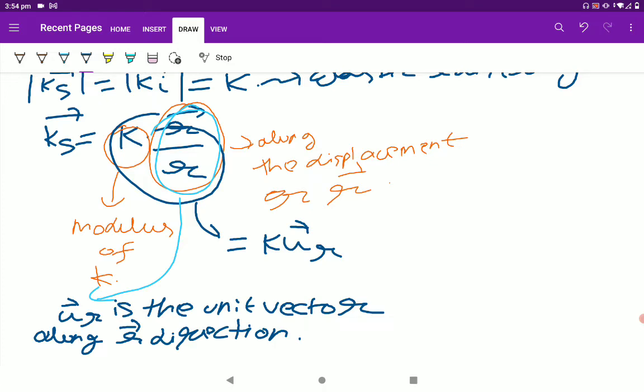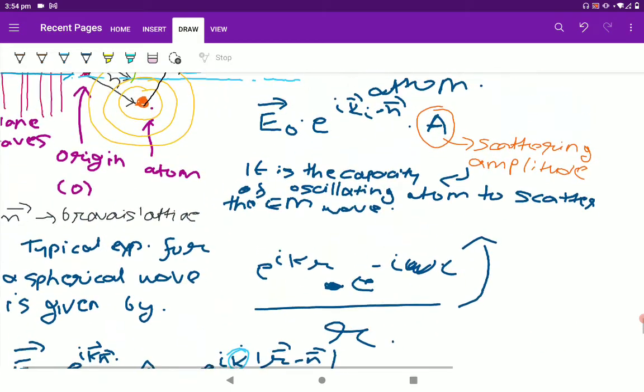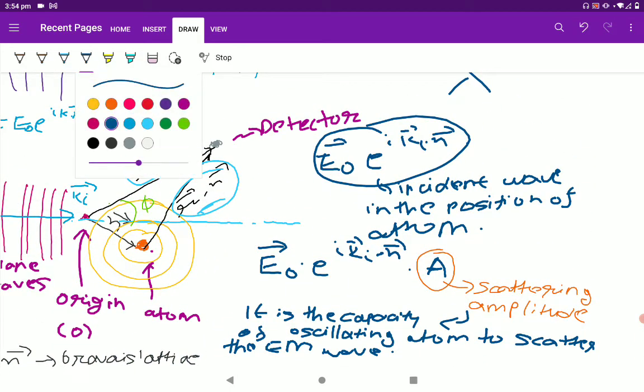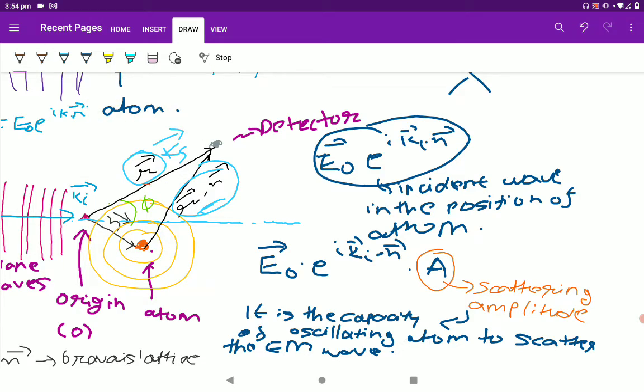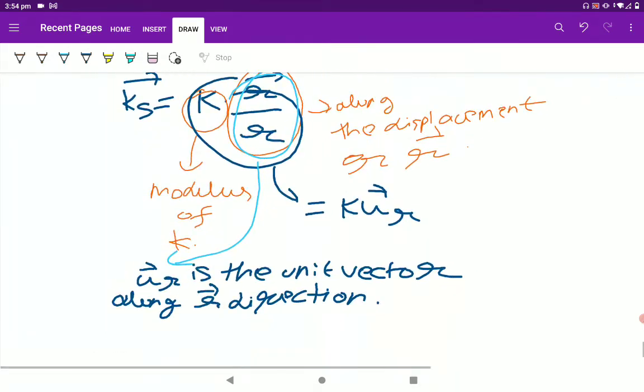So let's also define the angle of scattering, denoted by phi. That is this angle. This is the scattering angle. Now let's define the expression for this scattering angle.